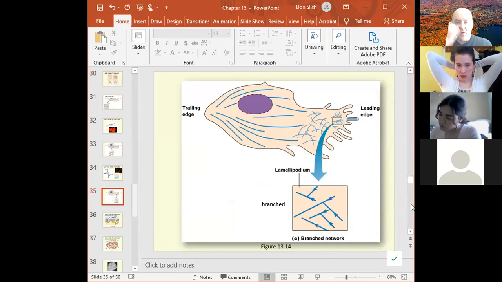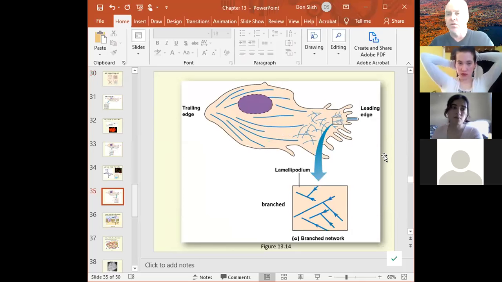So the fourth and final type are the branched microfilaments. So you see these in lamellipodia. So the lamellipodium is basically the plasma membrane extending out to grab forward when the cell is crawling, to pull itself forward.